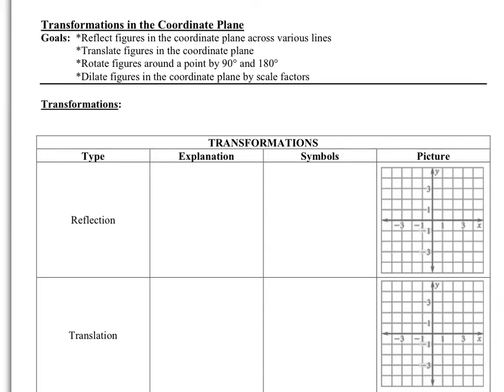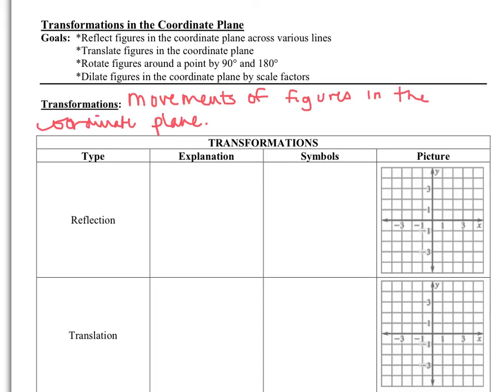So first, let's just talk about the basic definition of transformations, which is movements of figures in the coordinate plane. In the examples for this table, mostly we'll just be using points to start, but say you had a triangle whose coordinates were labeled A, B, and C. After a transformation, those coordinates get labeled A prime, B prime, C prime.